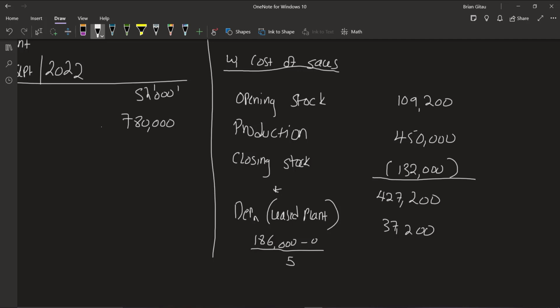Now let's go back to additional information number 7. Depreciation is to be provided on a straight line basis and apportioned as follows: cost of sales 80%, distribution cost 10%, admin expenses 10%. Now we need to calculate depreciation as a whole for all the assets we have and then apportion it as indicated in additional information number 7.